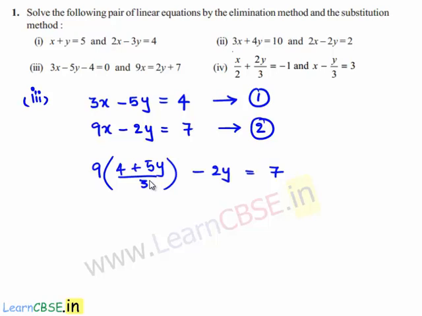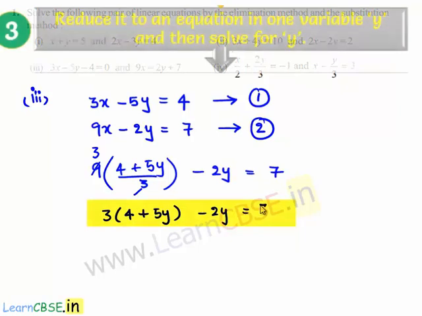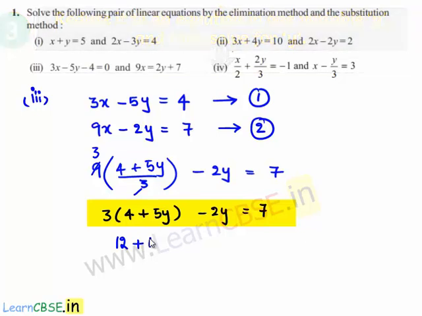Now 3 goes in 9 as 3. So this becomes 3 times of 4 plus 5y minus 2y is equal to 7. So 3 times of 4 is 12, and 3 times of 5y is 15y minus 2y is equal to 7.